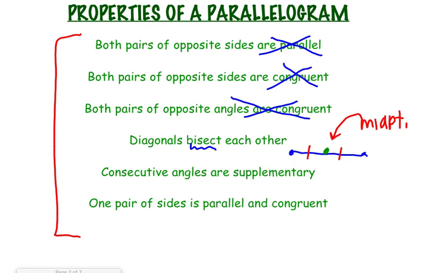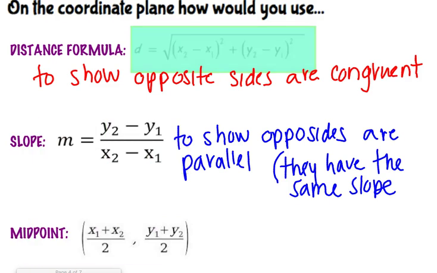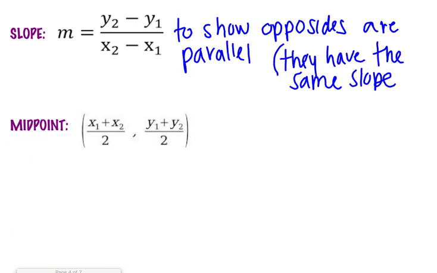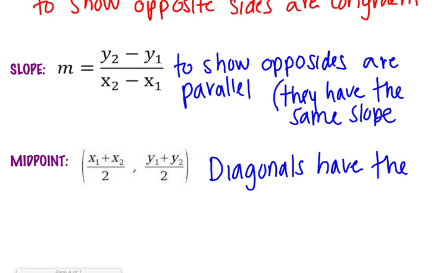So let's go back to our thing here. Let's see. So midpoint would help me show that diagonals would have the same midpoint, because then they'd be bisecting one another.